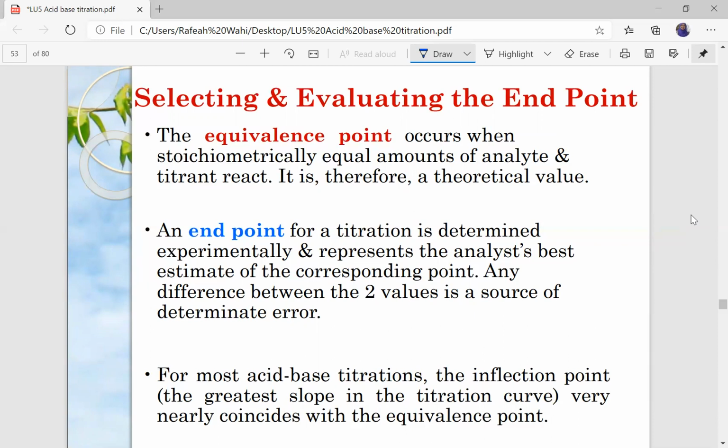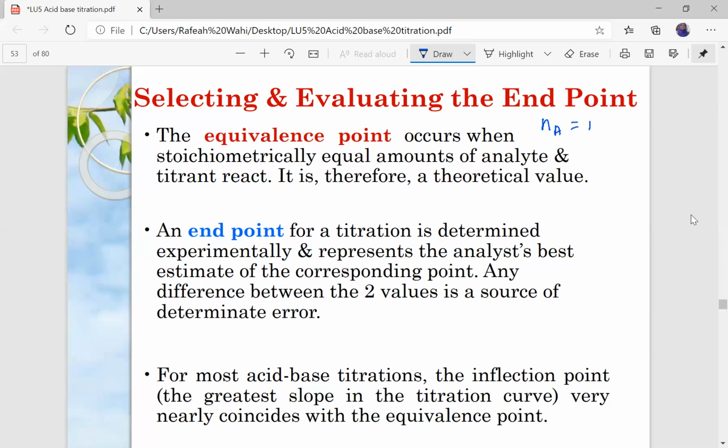Equivalence points occur when we have a stoichiometrically equivalent amount of analyte and titrant that react during the titration, meaning we have a similar number of moles of both acid and base at the equivalence point. This can be calculated earlier if we have the important information. Let's say we have information on the concentration and volume of acid and base, we can calculate the equivalence point.